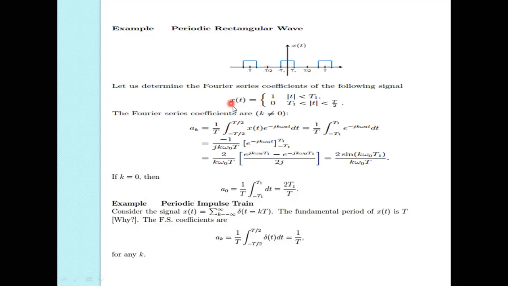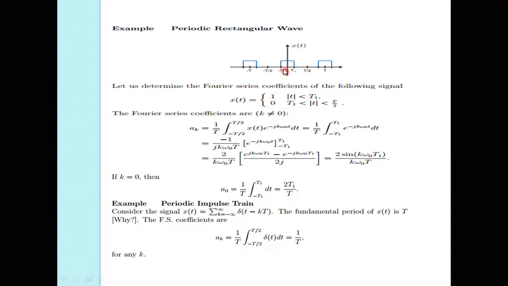In that, the given x of t signal, the magnitude of t less than t1 is 1, and 0 for t1 less than the magnitude of t less than T by 2. So t value greater than t1 and less than T by 2 is 0.